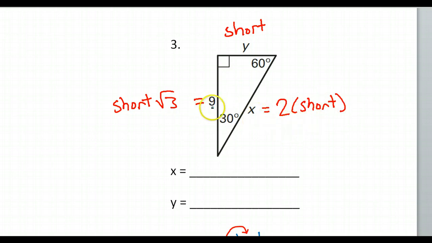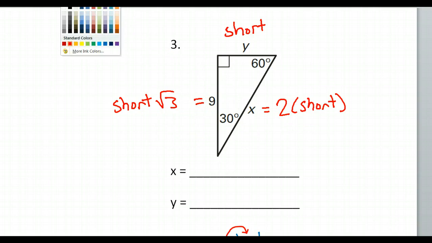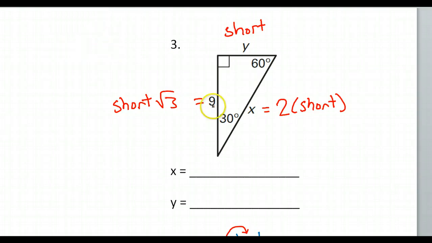The only number that we're given is this 9. So that is the one I'm going to work with. So I should be able to find this short right here by dividing both sides by radical 3. So if I divide by radical 3 on both sides, these cancel out, and that should give me the short leg.